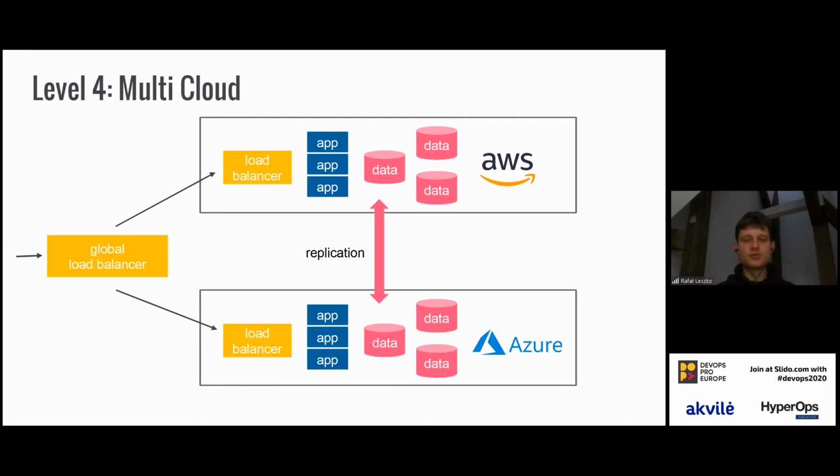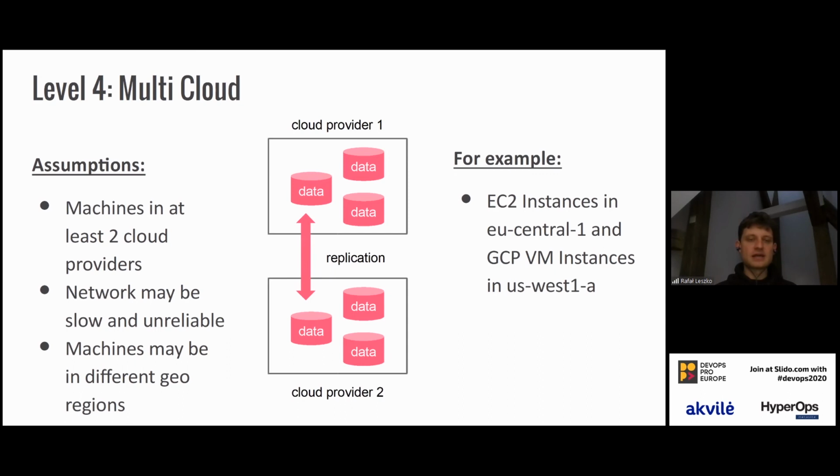And obviously we need to replicate the data. So the assumptions here are that machines are in at least 2 cloud providers. Network again can be very slow and unreliable, and machines may be in different geo regions. So for example, EC2 instances in the European region and GCP VM instances in US West.